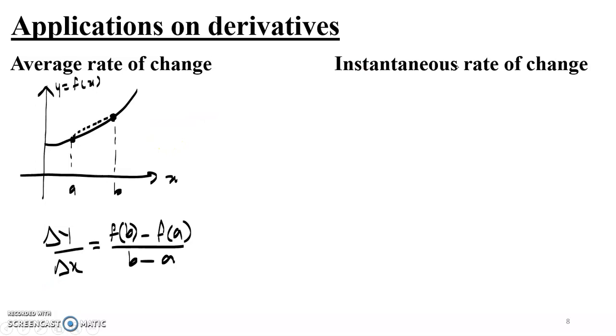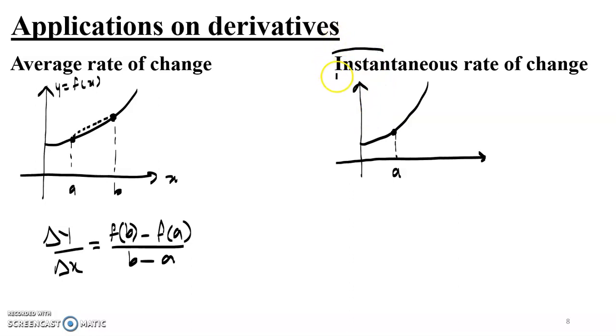However, the instantaneous rate of change at a specific value is a little bit different. If I consider this function and need to determine the instantaneous rate of change at x equals a, since I want it at a specific instant, which is where the word instantaneous comes from, I'm looking for the rate of change at a specific value and not over a period of time, similarly to the average rate of change.